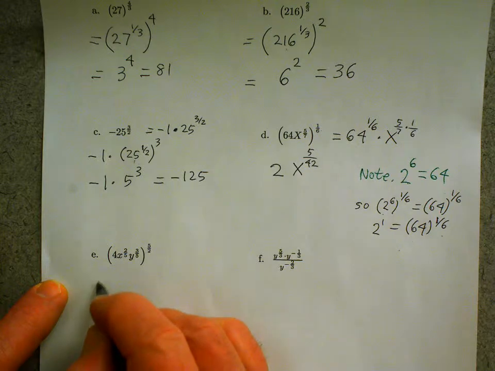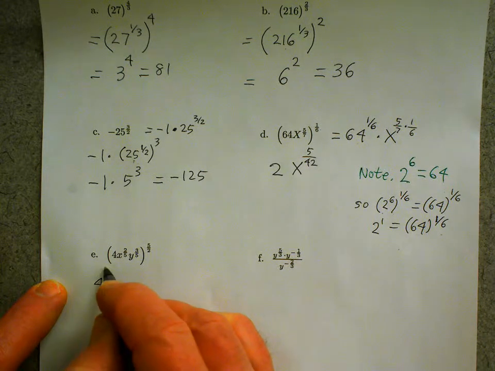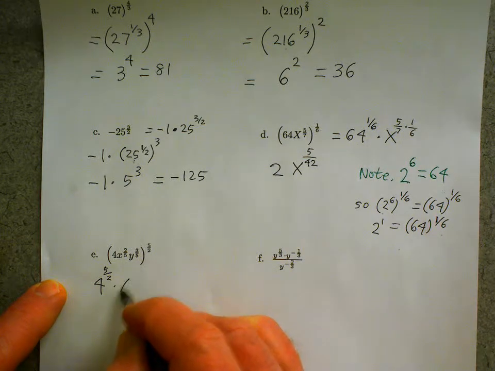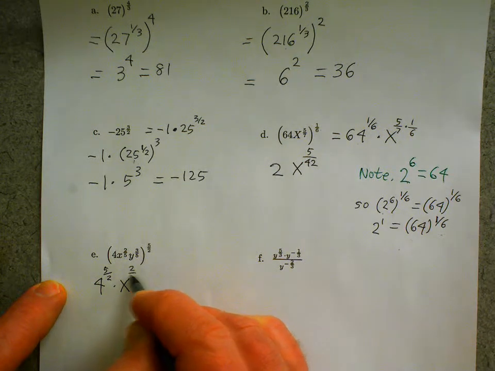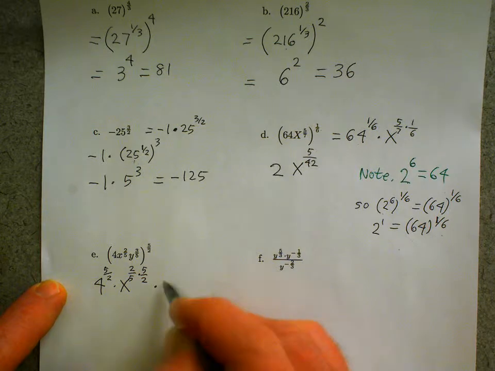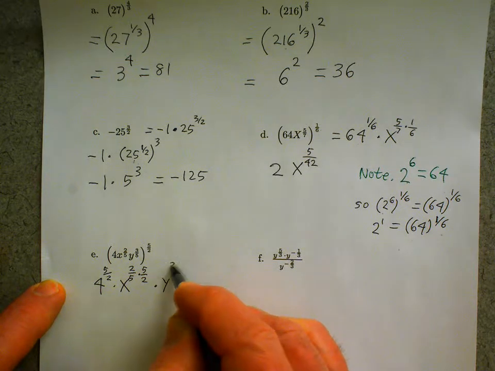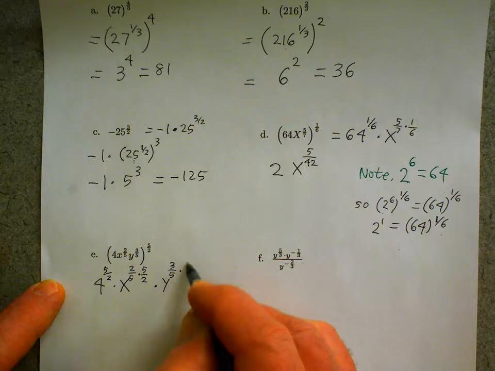And we'll get, in the first step, 4 to the 5/2 times x to the 2/5 times 5/2 times y to the 3/5 times 5 halves.